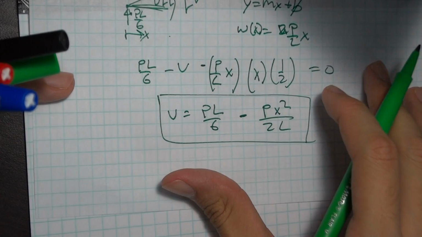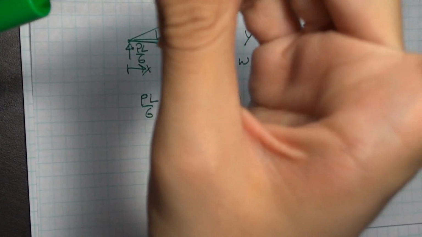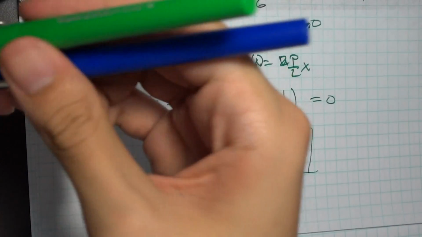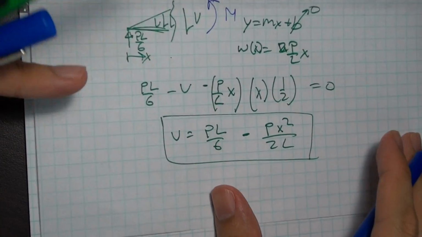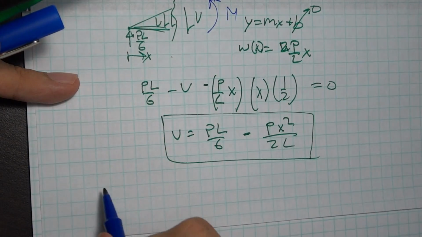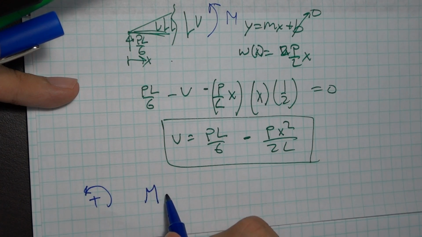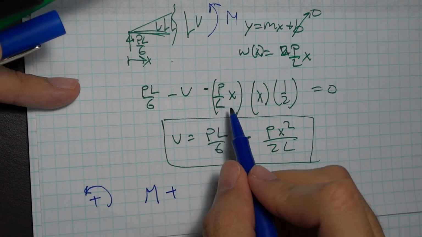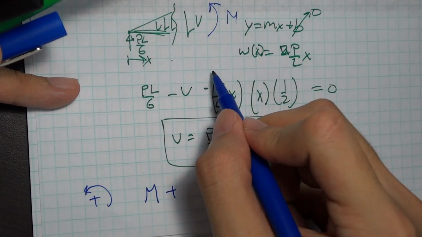If we look at our moment now, our moment equation is going to be pretty similar, right? Let's take m counterclockwise. So m plus, now I just need the total load. Do you agree that this is the total load?